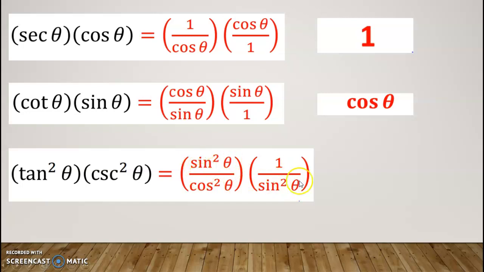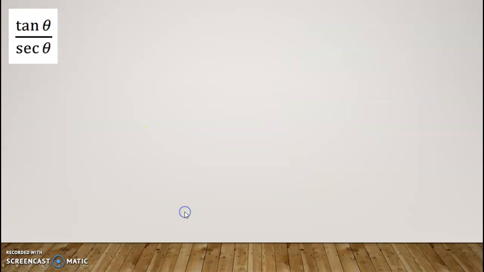All right, reduce or basically cancel out the sine squared. You've got 1 over cosine squared, and we remember that is secant squared theta. Okay? See, all these, you kind of did this on the quizzes as well. You're just taking them and simplifying them. That's all you're doing with it.